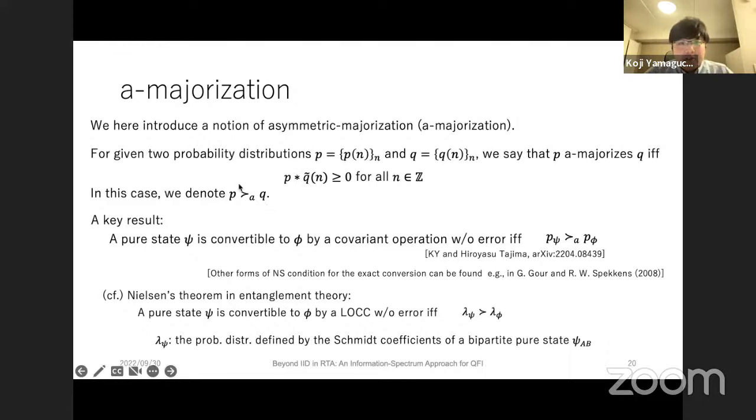And in this case, we denote P succeeds Q. And it is shown that such a majorization relation is a preorder. A key property of this majorization relation is that the necessary and sufficient condition on the convertibility between pure states by covariant operation is given by an asymmetric majorization relation of energy distributions. So this is a counterpart of the Nielsen theorem in entanglement theory, which states that the exact convertibility by LOCC is given by the majorization relation of the Schmidt coefficients.